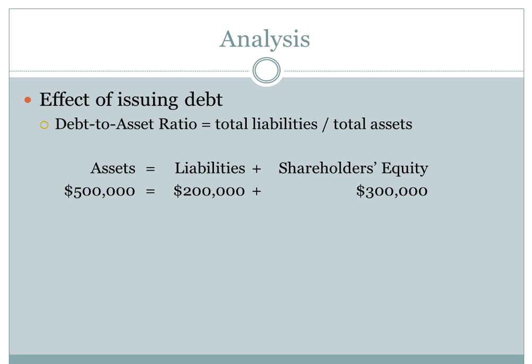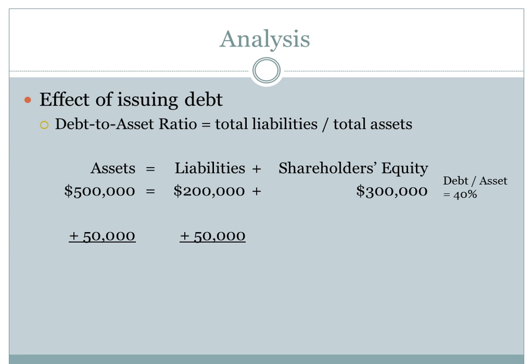So our balance sheet balances, and we can also determine that our debt-to-asset ratio here is 40%. $200,000 of liabilities divided by $500,000 of assets is a 40% debt-to-asset ratio. So 40% of our assets are financed through debt, which would imply the other 60% of our assets are financed through shareholders' equity.